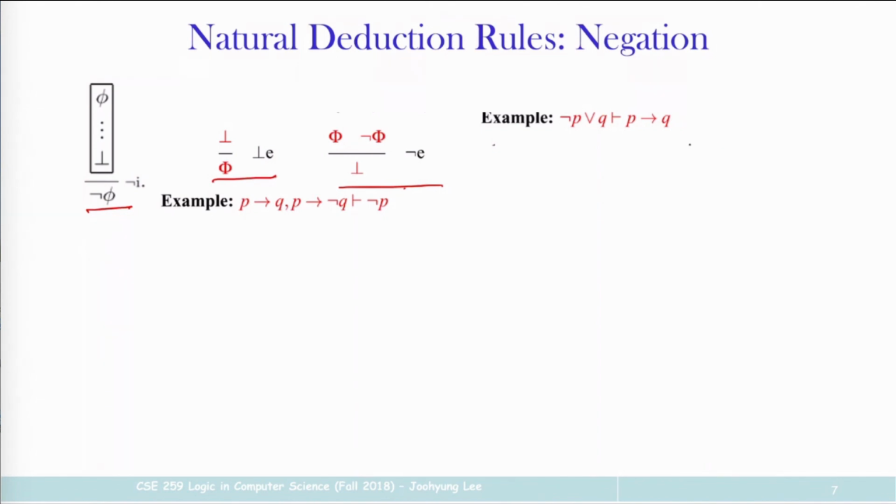So bottom is like false. Okay, you can just assume that it's false. What this rule is saying is, suppose you assume phi, and somehow you lead into a contradiction, which is denoted by this bottom. Okay? So if all the other steps are correct, then which line should be blamed? Here's the thing.